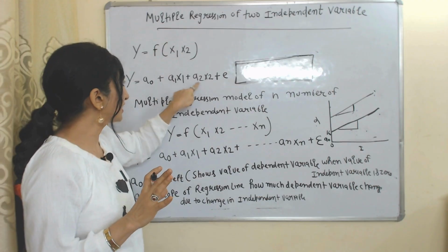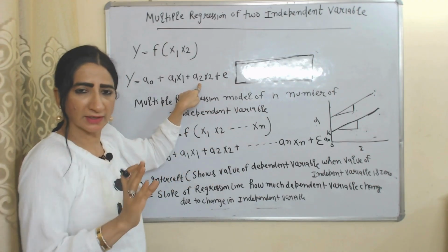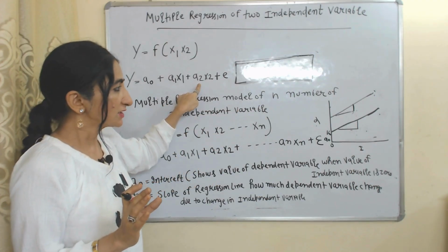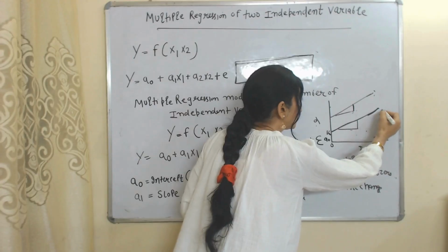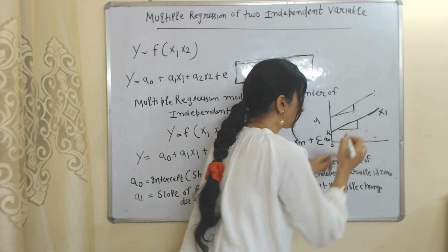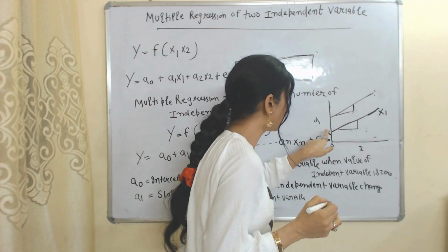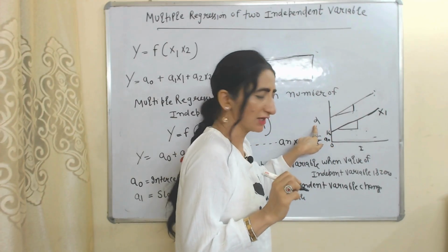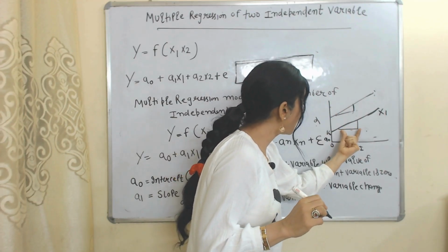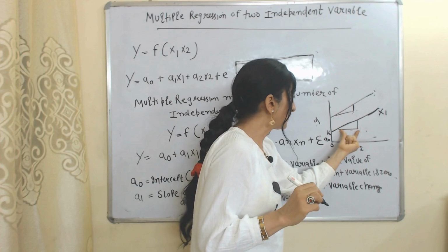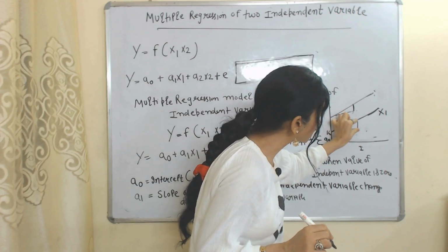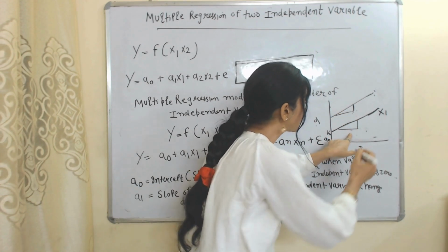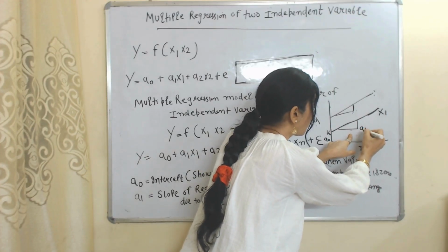And A1 and A2 are the slopes of the regression line. Suppose this line shows the influence of the x1 independent variable on the dependent variable. This much change in x1 will lead to this much change in the dependent variable, and this slope is our A1.